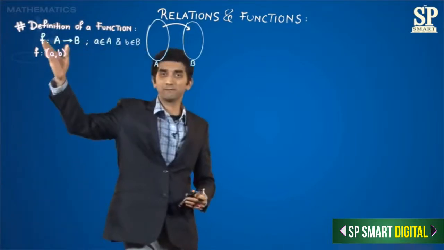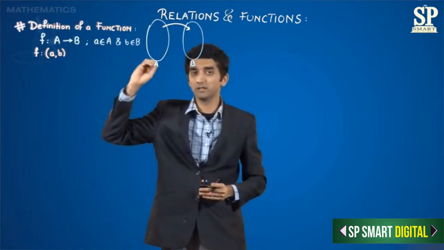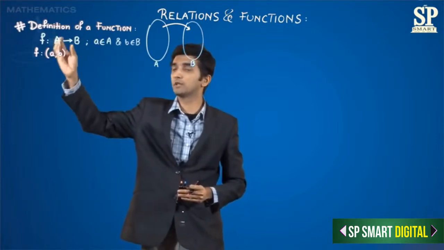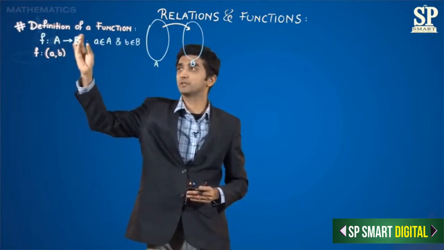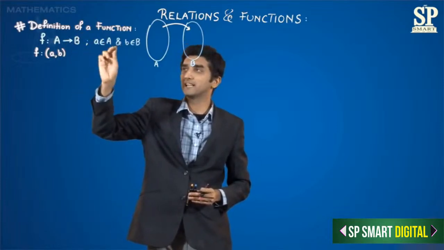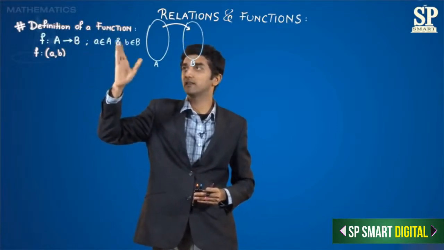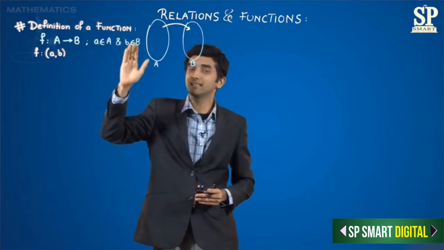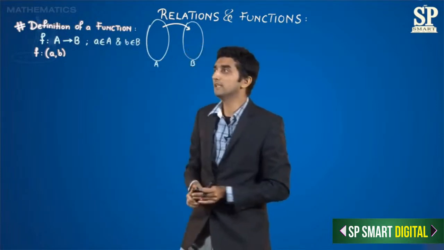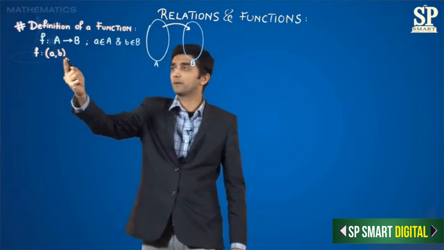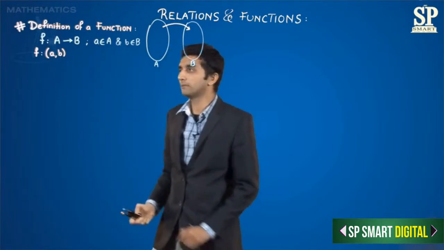So if F is a function with a particular rule connecting elements from set A to set B, where small a is an element of set A and small b is an element of set B, then a function has ordered pairs in the form (a, b).